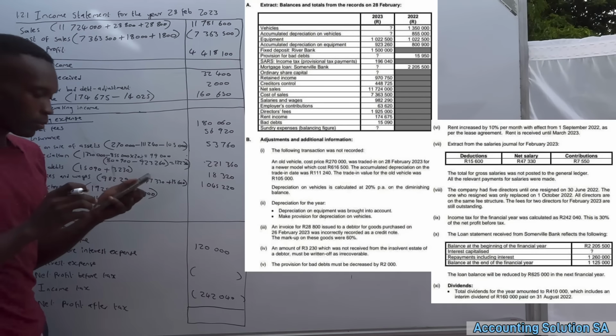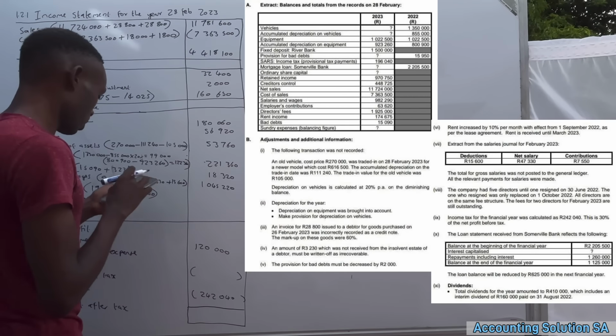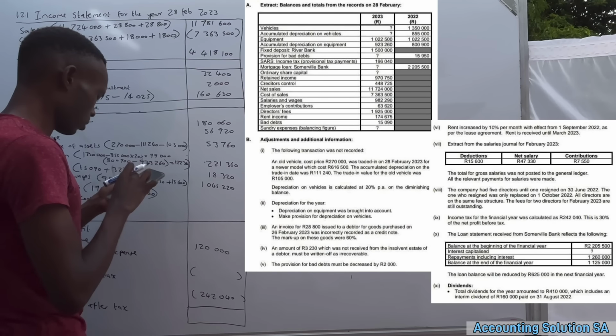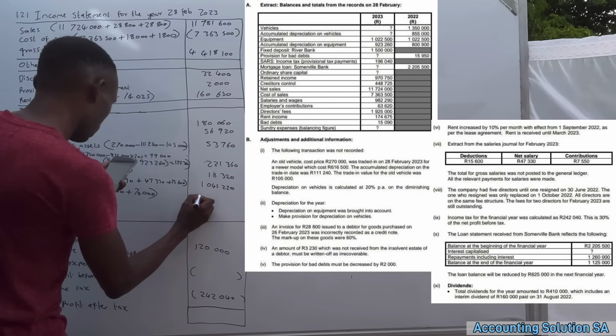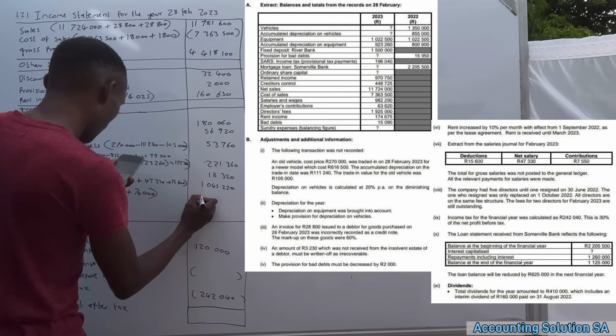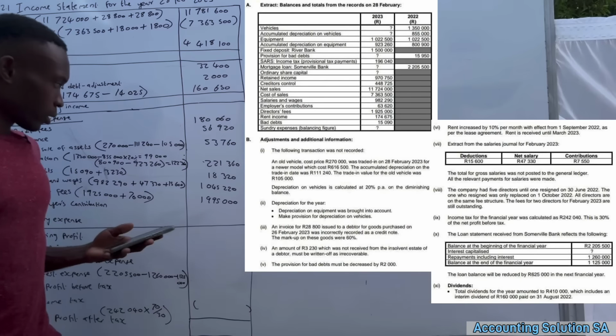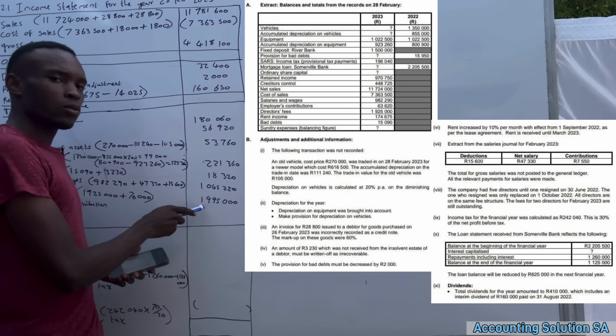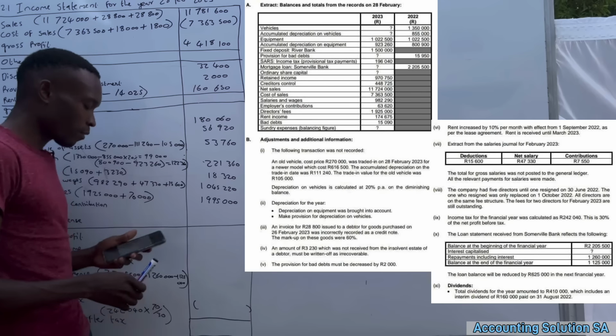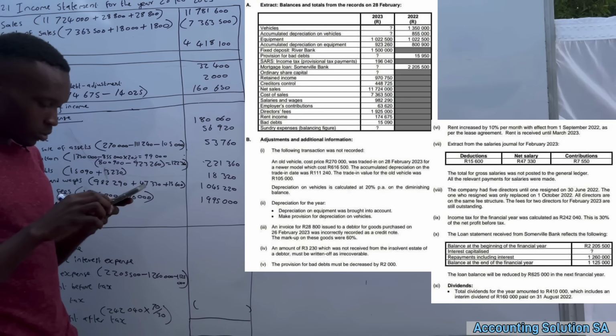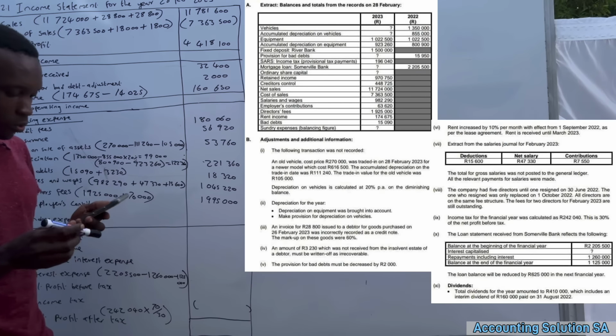Then the total will give us 1,995,000. So now let's proceed to employers' contribution.